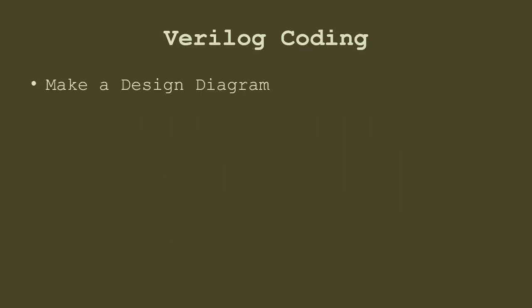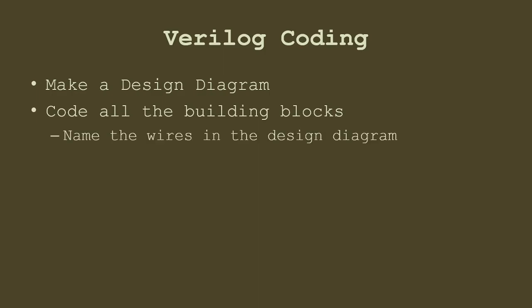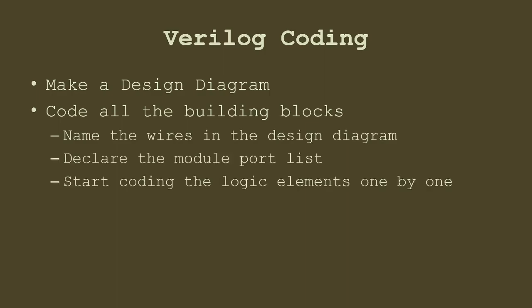Okay, so we have covered all the basic building blocks and how we write code for them. What we normally do in hardware design is make a design diagram and code all the building blocks. It doesn't matter in what sequence we code them. We just name all the wires in the design, declare the module and port list, and start coding logic elements one by one.